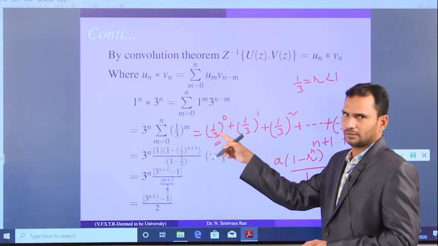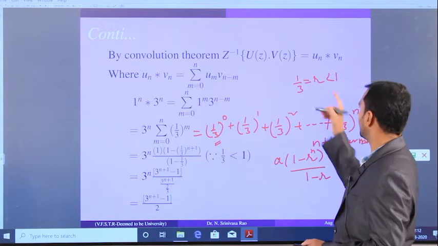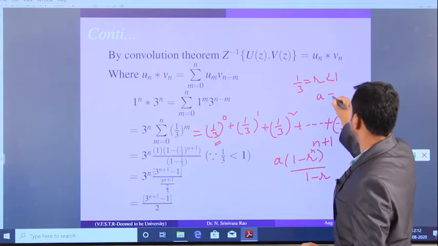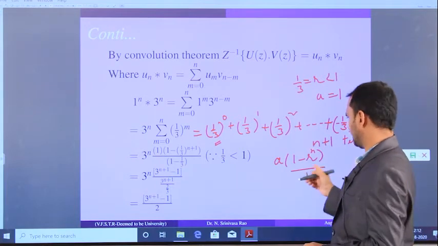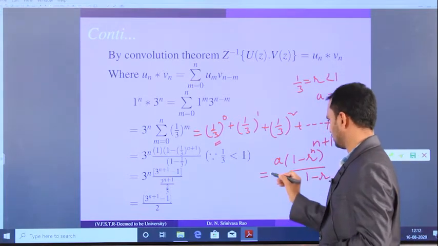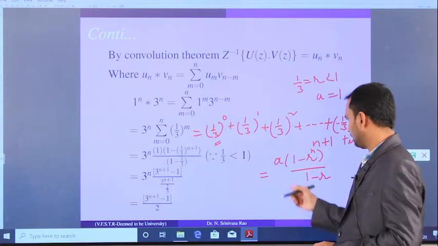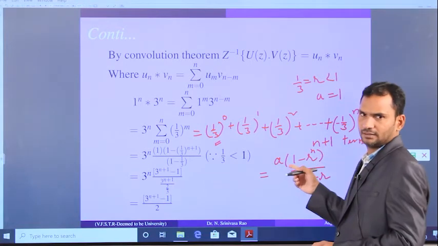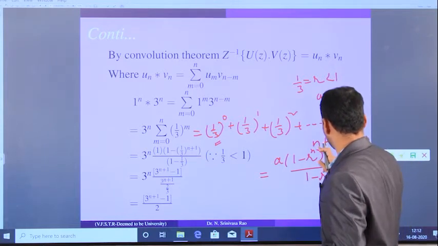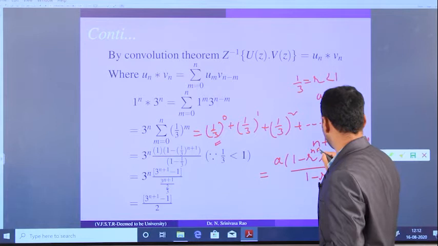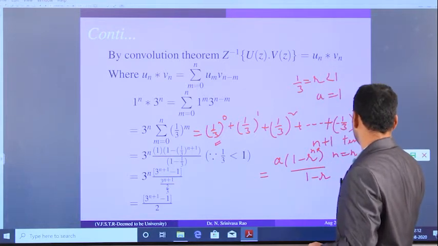Here the first term a is 1 and r is the common ratio 1 by 3. So this is the formula for the sum of n plus 1 terms in a geometric series. Since these are n plus 1 terms, in the place of n you have to write n plus 1.